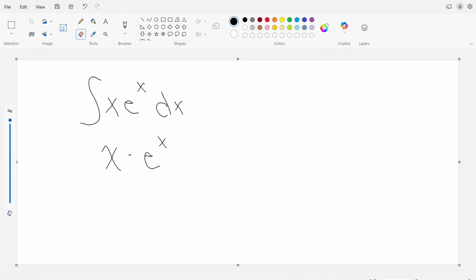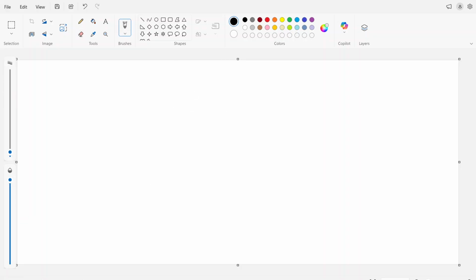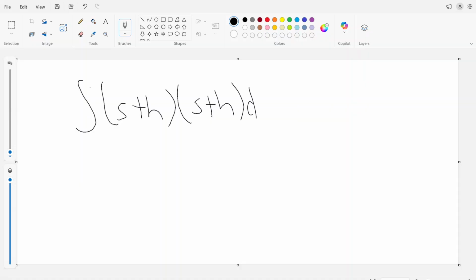Now I want to talk about the main idea of integration by parts. So when we see the integral of something times something dx, we have to choose one of these somethings to be u, and the other to be dv.